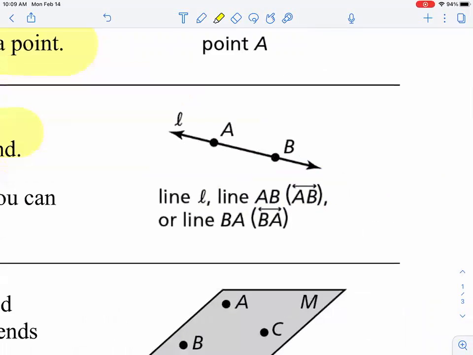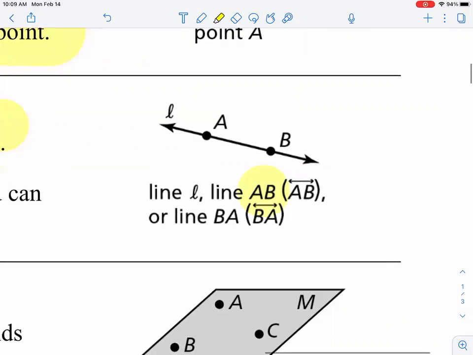When we do notation, we can't just write AB, but we have to put this line above it with arrows on both sides. And now the order doesn't matter. You could call it line AB, or you could call it line BA, and those two things mean the exact same thing.